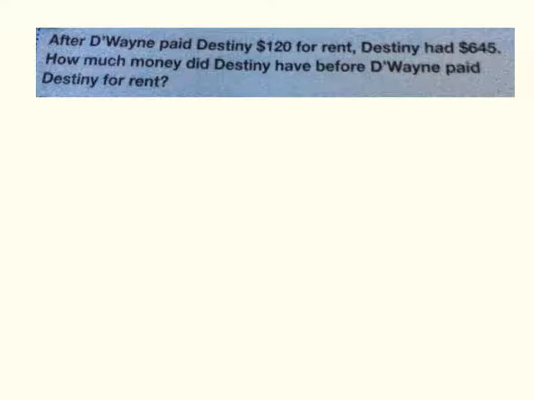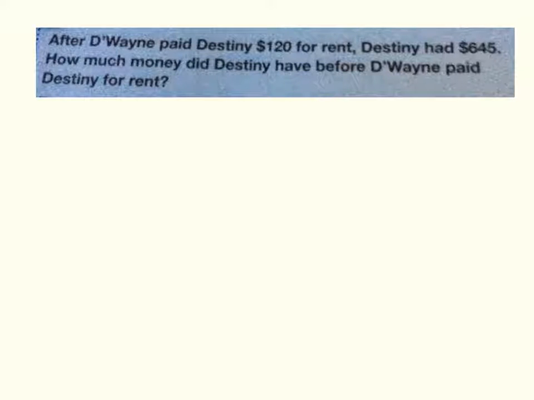Now let's take a look at this problem together. After Dwayne paid Destiny $120 for rent, Destiny had $645. How much money did Destiny have before Dwayne paid Destiny for rent? Well, let's look at the information that we do know.